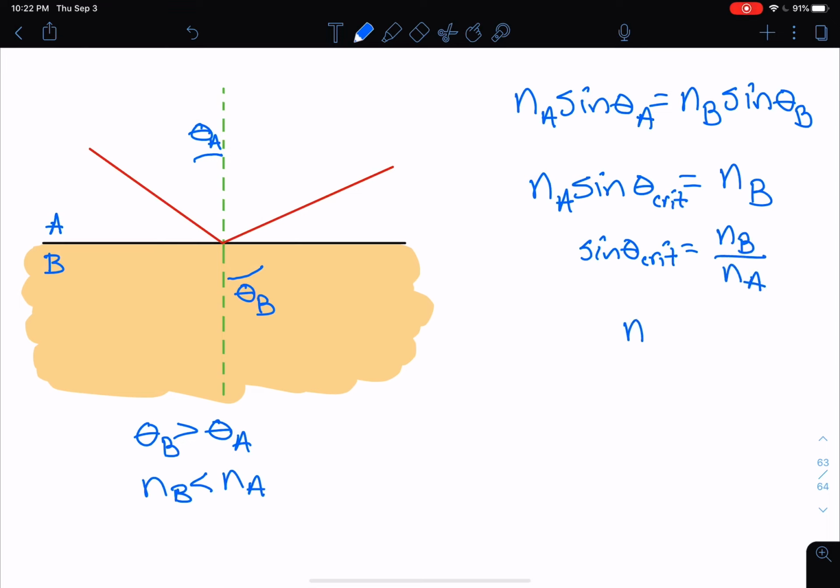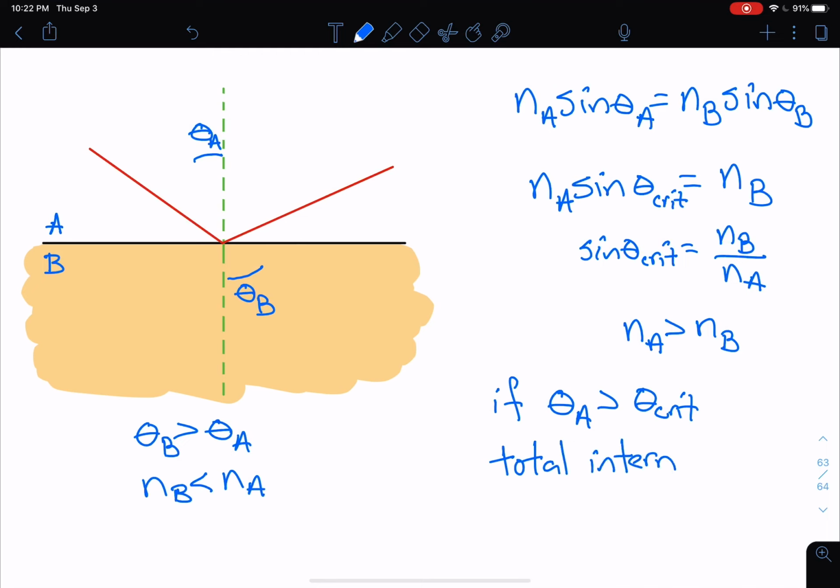And n a has to be greater than n b for this to be true. This defines a critical angle. If theta a is greater than the critical angle, then we get total internal reflection.